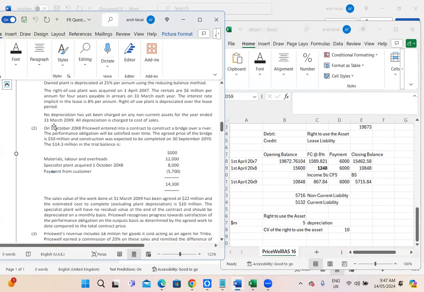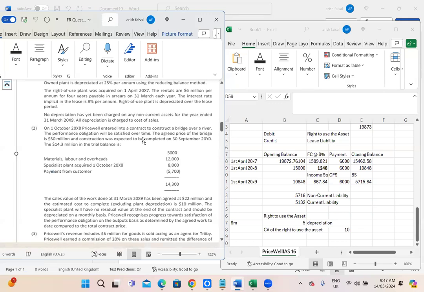Now, here, if you see, on 1st of October 2008, that's like 6 months before your year end, the company entered into a contract to construct a bridge over a river. So it's a construction contract. You have to make a bridge over a river. The performance obligation will be satisfied over time.